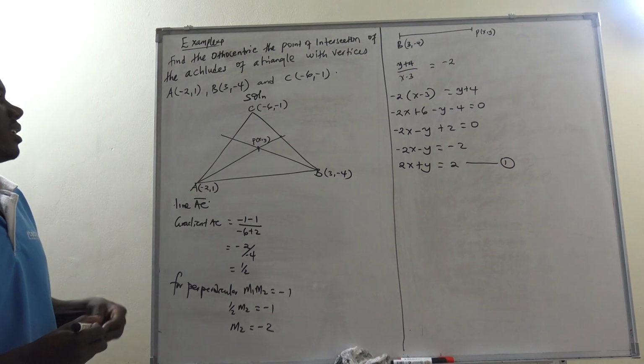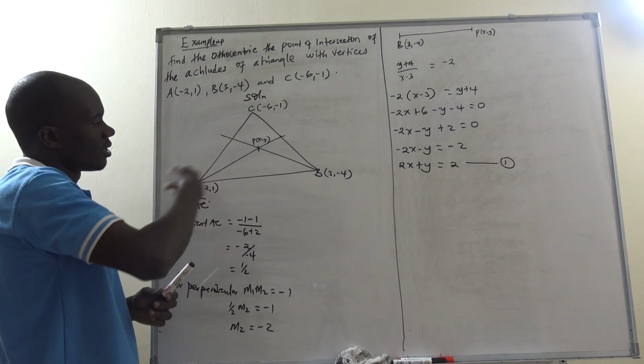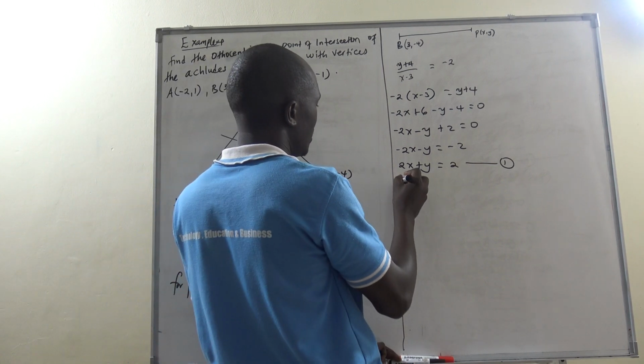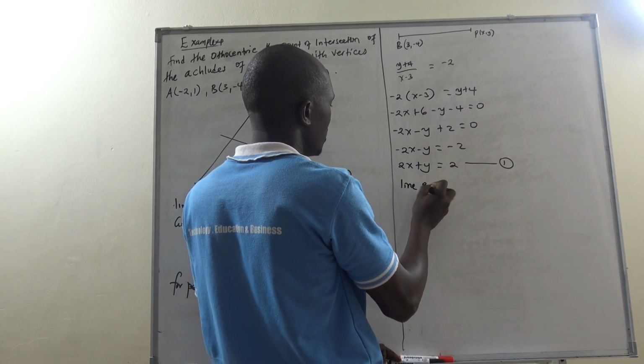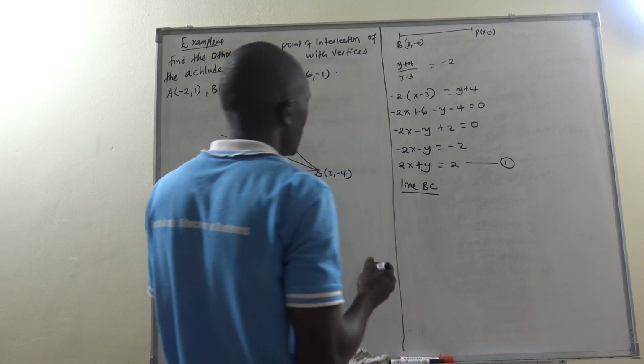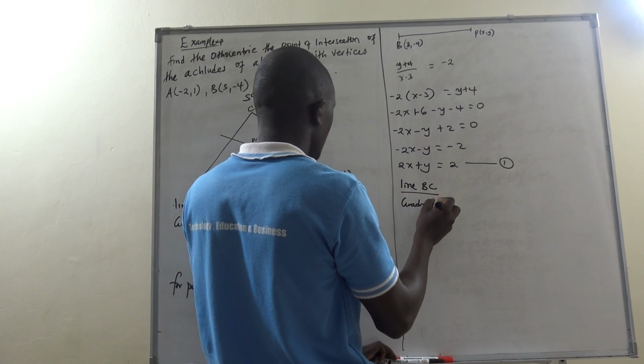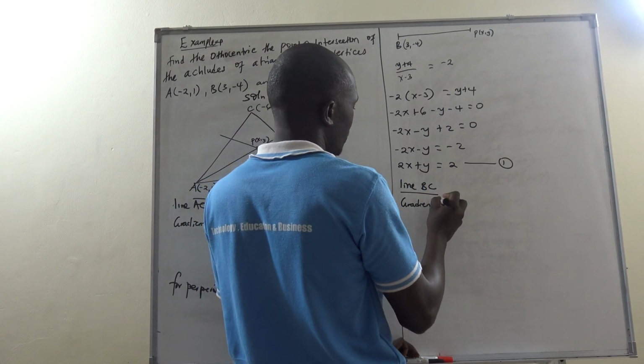We also look at the other line, which is the altitude to line BC. We first get the gradient of BC.